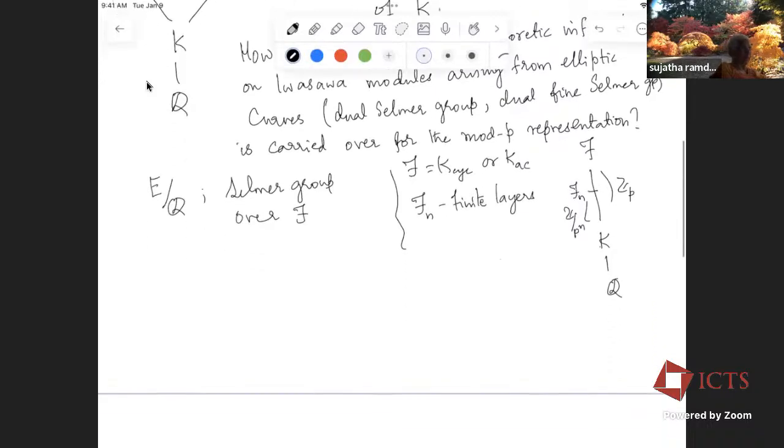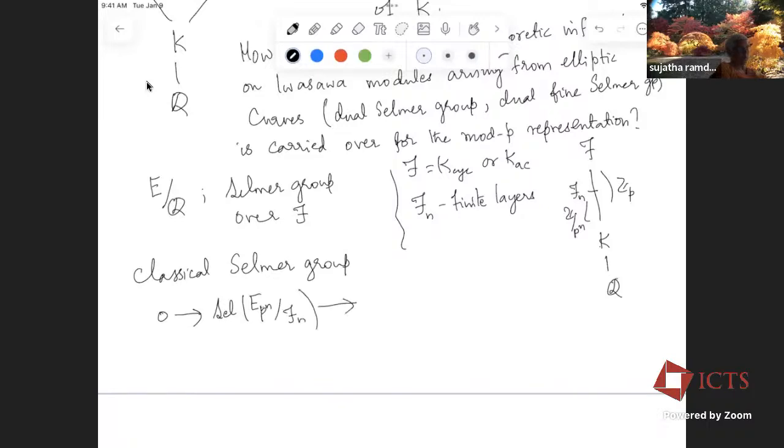So we define the Selmer group. This is the classical Selmer group. Remember, the Selmer group is always defined with respect to some local conditions. Let's first do it over finite layers: the Selmer group of E[p^n] over the finite layer F_n.